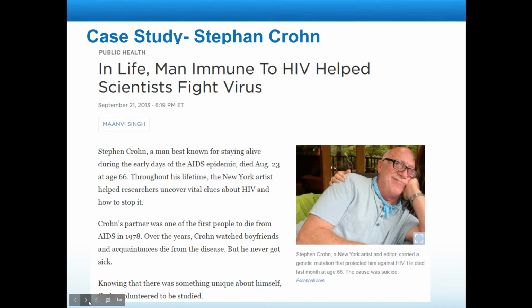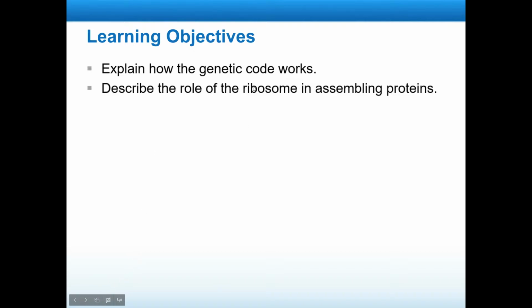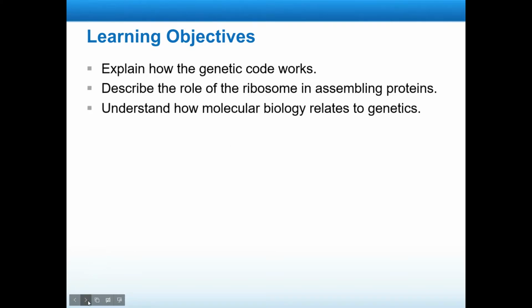I'll go into it a little bit, and then the performance task that you do for this unit will actually consist of this. So from this lecture, we're going to see how the genetic code works. How does it read and make protein specifically? We're going to look at what role the ribosome plays in this process, and understand how this relates to genetics, because that's what it's doing.